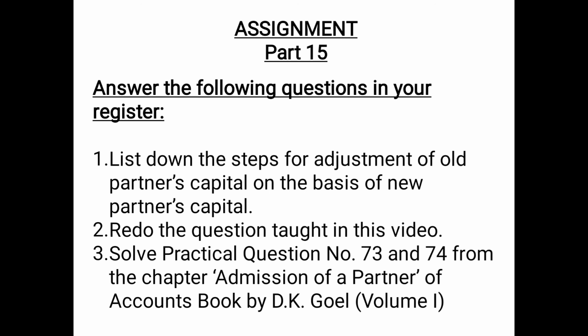And step number 4, you will compare the required capital with the existing capital. If the required capital is more than the existing capital, the partner is required to introduce more amount, and if the existing capital is more than the required capital, then the partner is required to withdraw the excess amount to make the capitals proportionate.